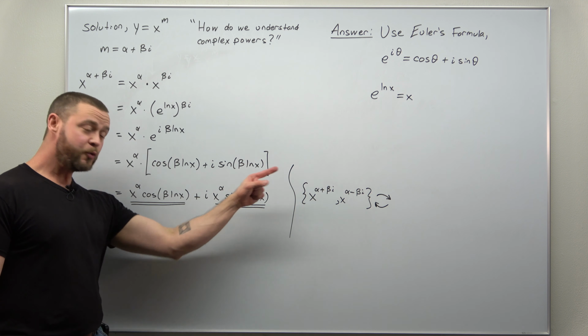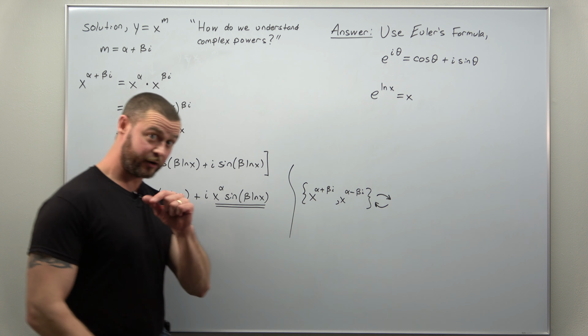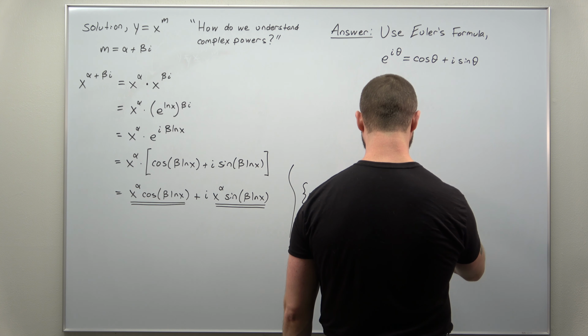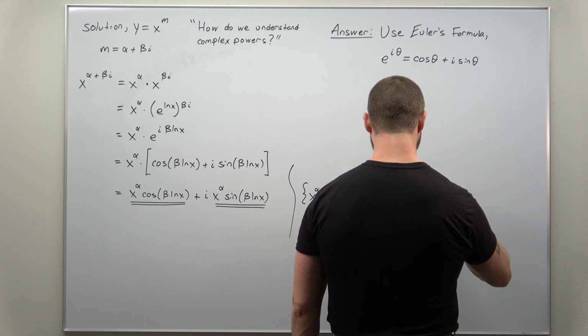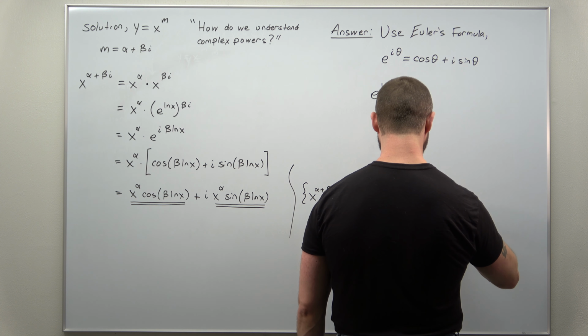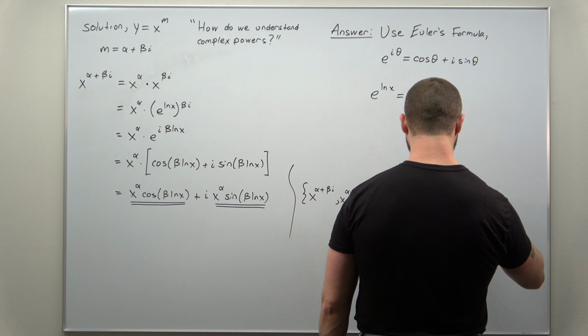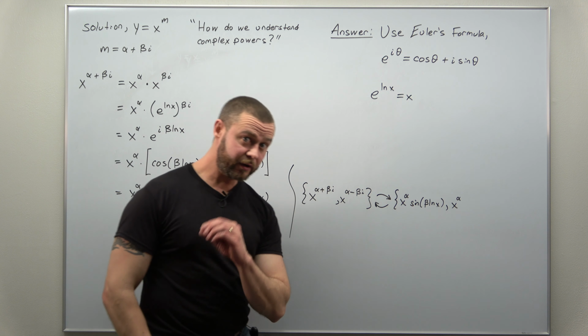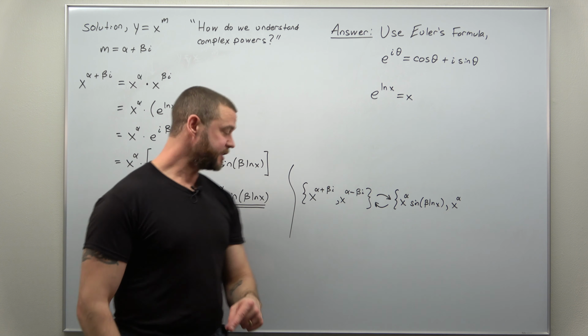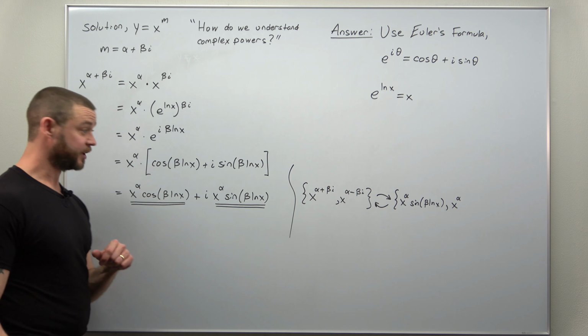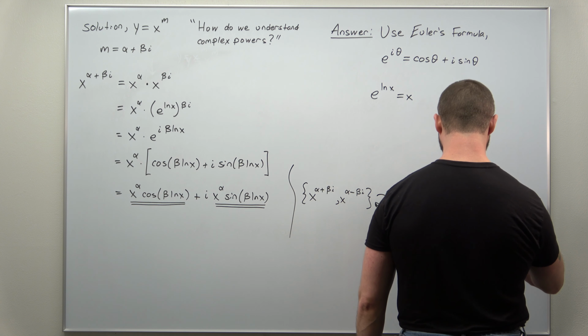We convert to an equivalent set of linearly independent solutions, which are x to the alpha times sine of beta natural log of x, and the other linearly independent solution, x to the alpha cosine of beta natural log of x.